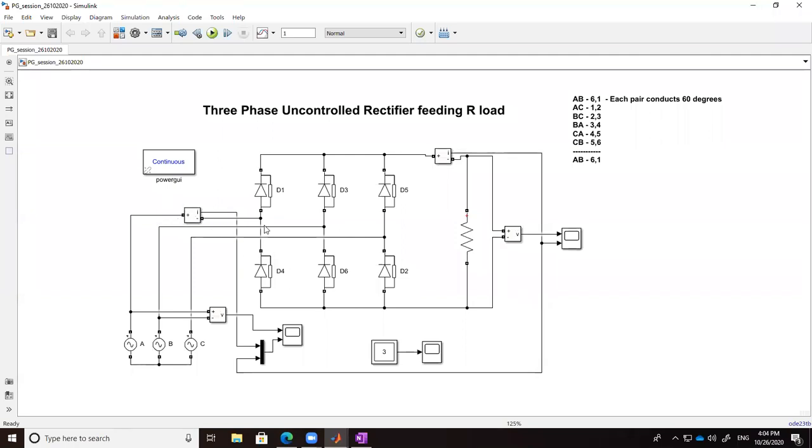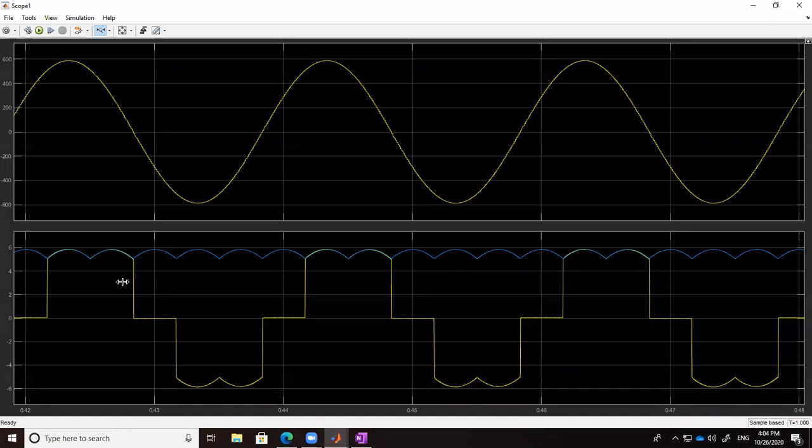When D1 is conducting, current is positive. When D4 is conducting, current is negative. So I see the same thing here. When 1 and 2 are conducting, current is positive. And when 1 is conducting, current is positive. When 4 is conducting, the current is negative. So that's why I see this type of current.